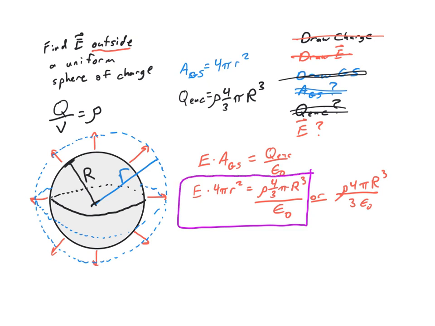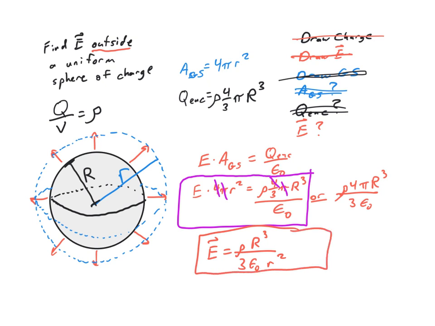All right, 4s, pi's. R's are different. 3 is only on one side, rho, that's it for cancellations. Giving me the electric field is equal to rho r cubed over 3 epsilon naught little r squared. And that is going to be in the r direction, as in outwards.